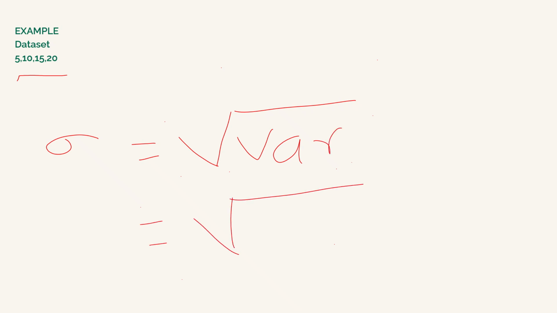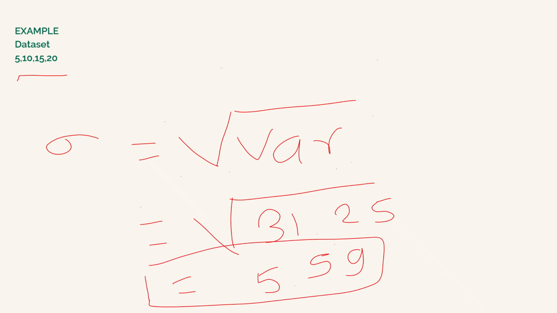Putting in the variance value 31.25, we get 5.59. This is the standard deviation of this data set.